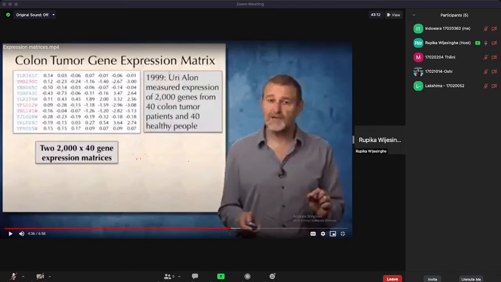So in 1999, Alon measured expression of 2000 genes from 40 colon tumor patients and 40 healthy people. Now you can see the two conditions here: the patients and the healthy people.